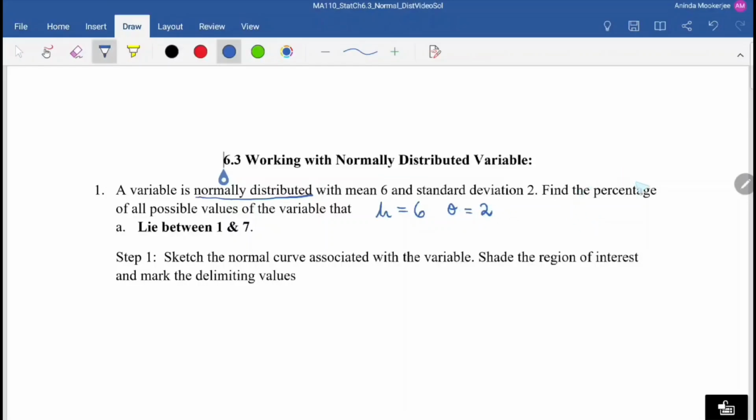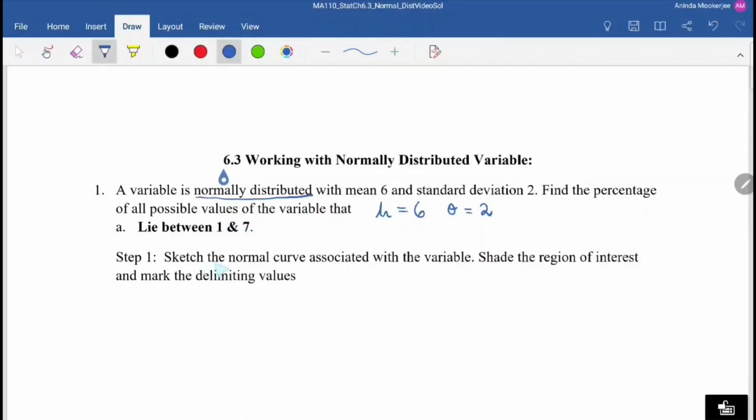So the question is, find the percentage of all possible values of the variable that lie between 1 and 7. So find the percentage, meaning find the percentage of observations. All possible values refer to all observations that lie between this range of values, 1 and 7.